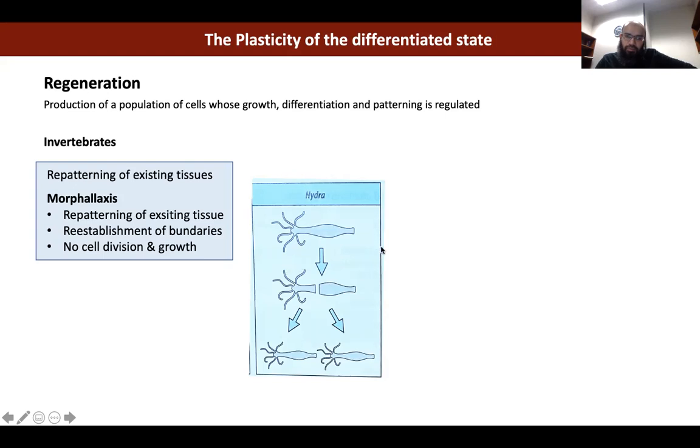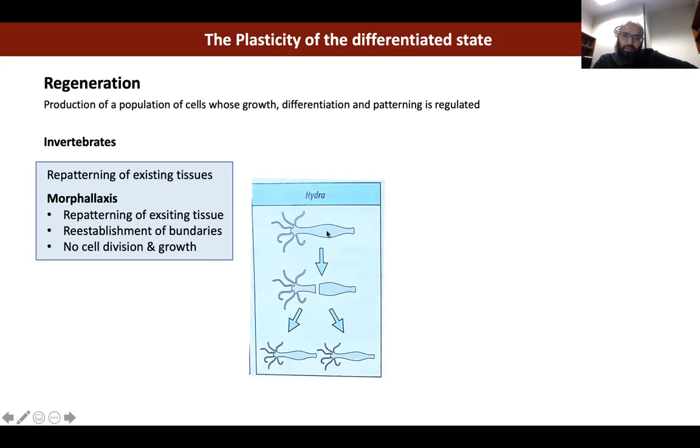So Hydra has this ability to regenerate, and they have a particular type of regenerative capability, and that is known as morphallaxis. What happens in morphallaxis is, for example, if you cut this Hydra into two parts at the transverse axis in this gastric region, we will see different regions in a little more detail.